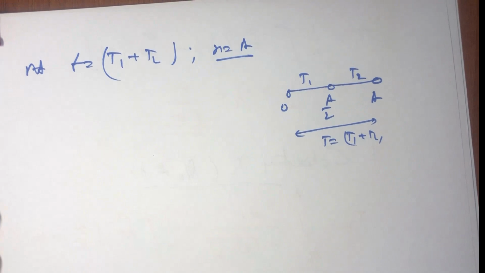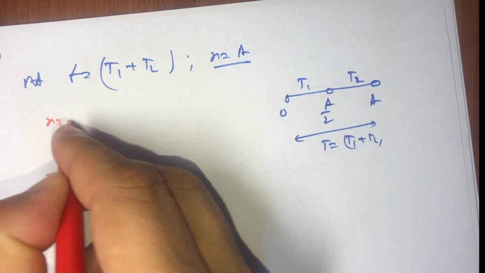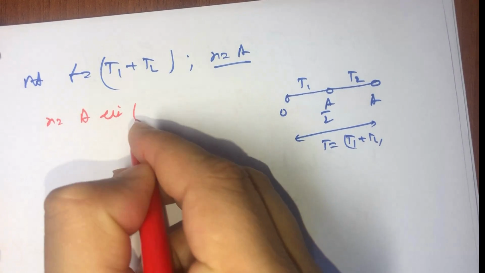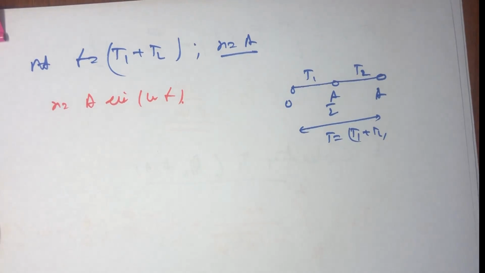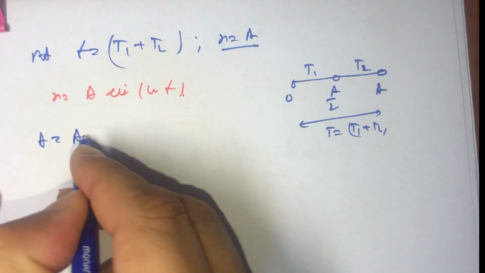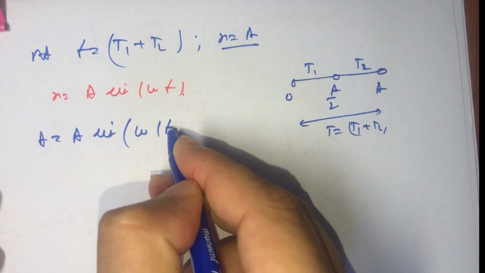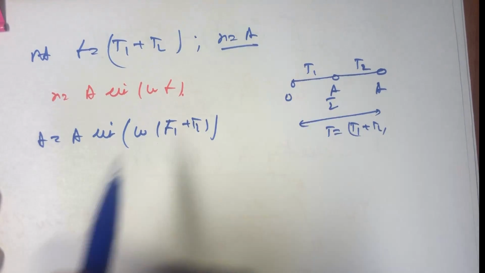So once again, substituting in the equation x is equal to a sine omega t. Our x is now equal to a, so this is equal to a sine of omega times t1 plus t2.